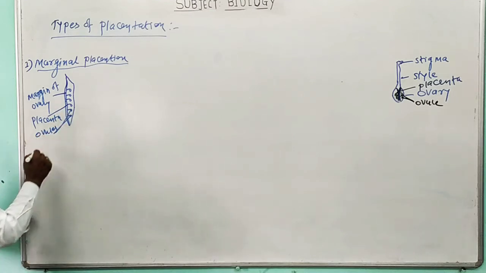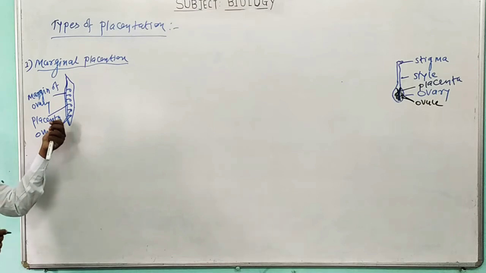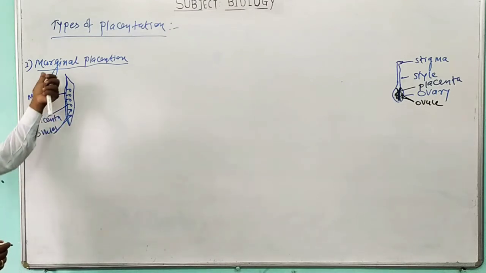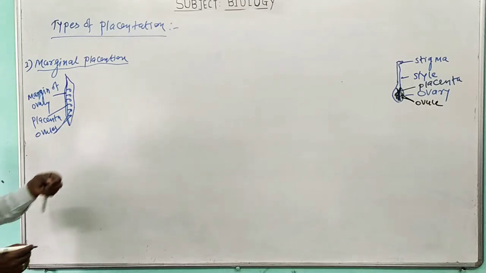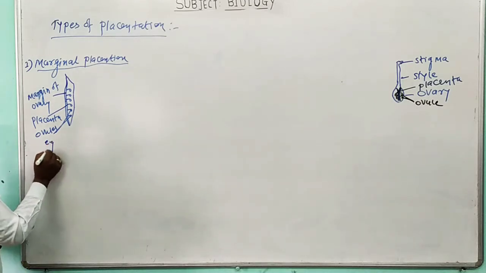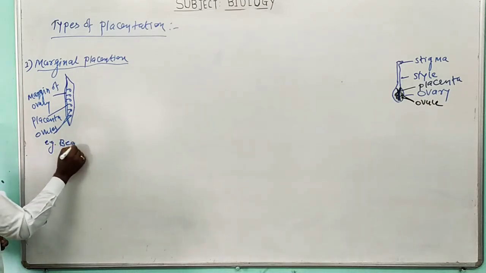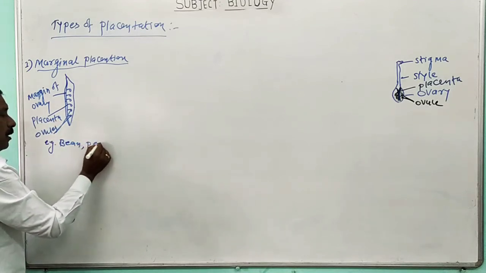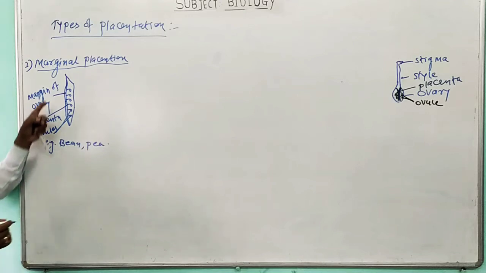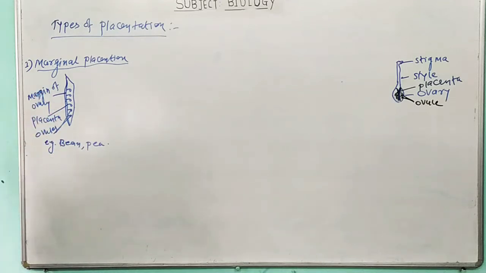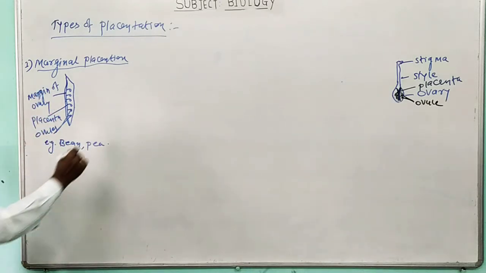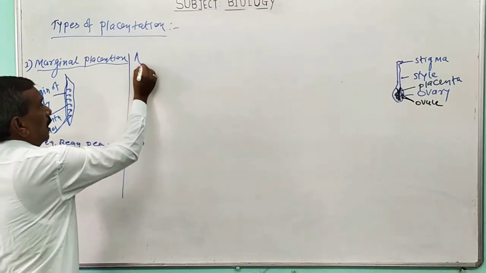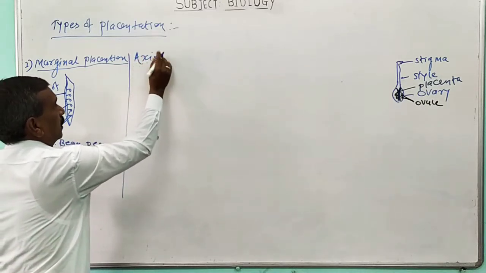Thus when ovules develop from the fused margins of the ovary, that placentation is known as marginal placentation. For example, a bean. Then next one is a pea, वाटाणा. या वनस्पतीमध्ये आपल्याला काय मिळेल? मार्जिनल प्लासेंटेशन मिळेल. Now the next type of placentation is known as axial placentation.